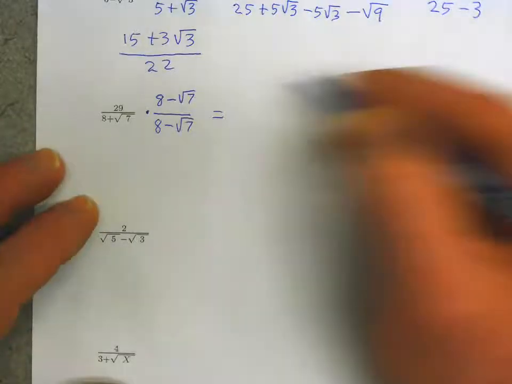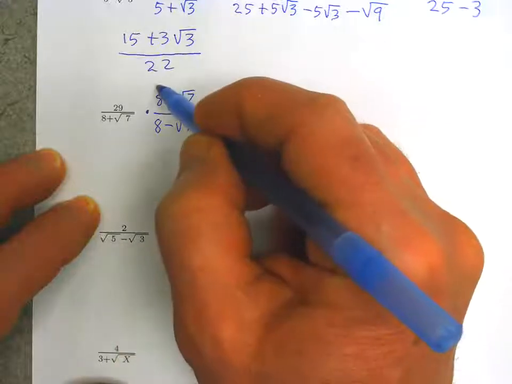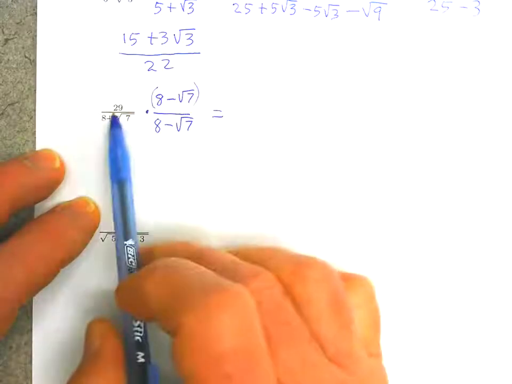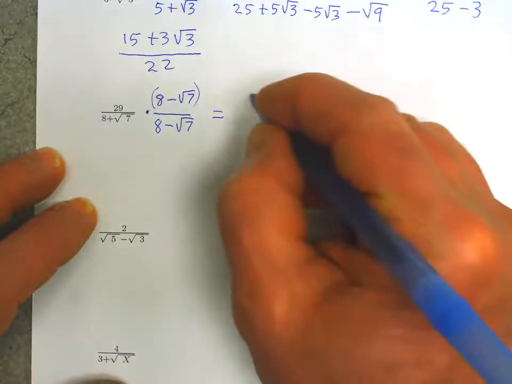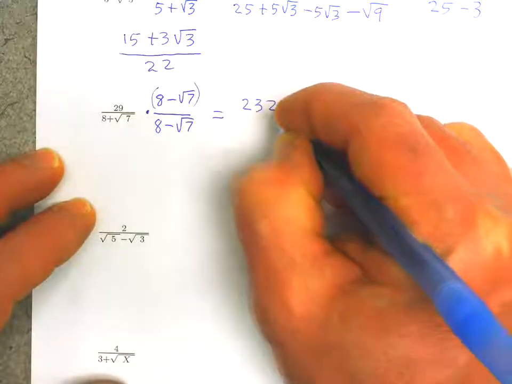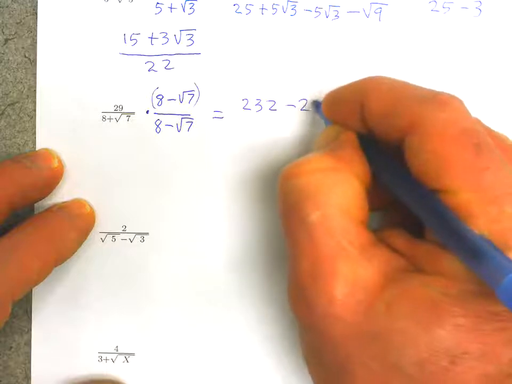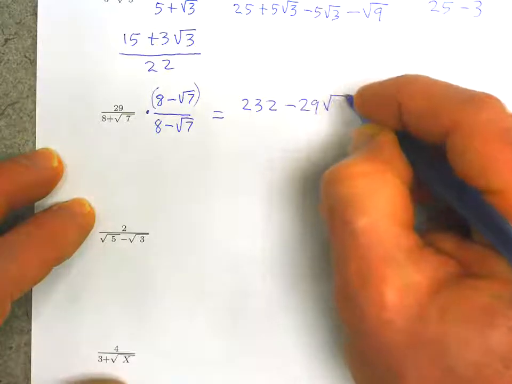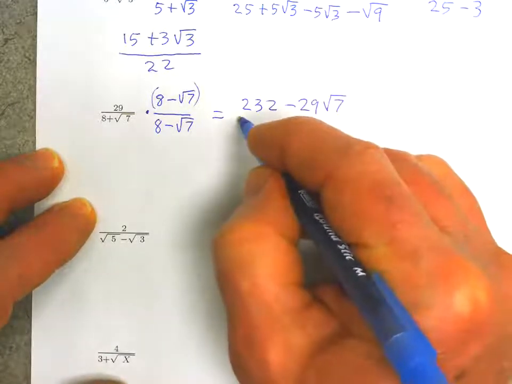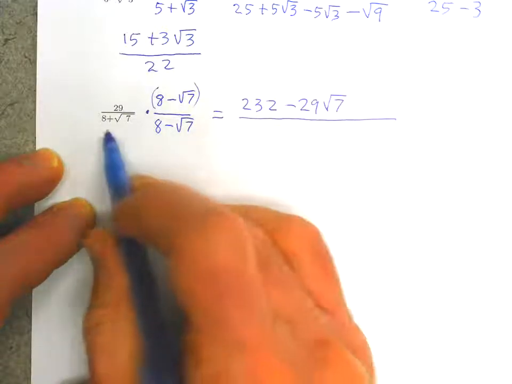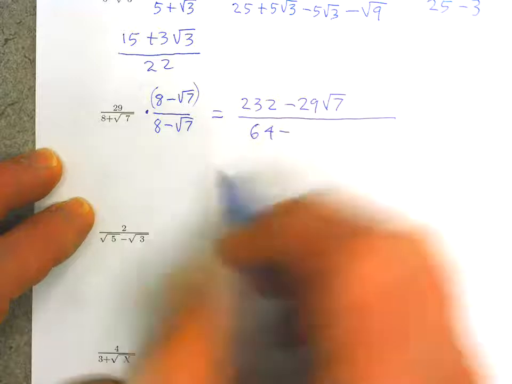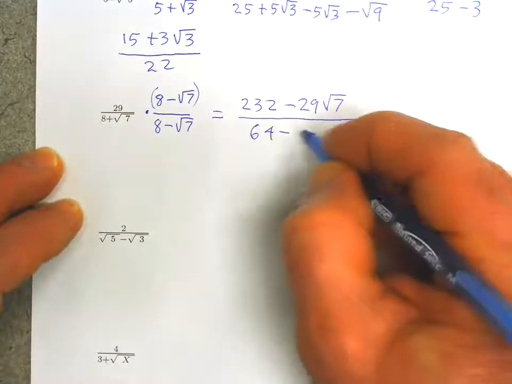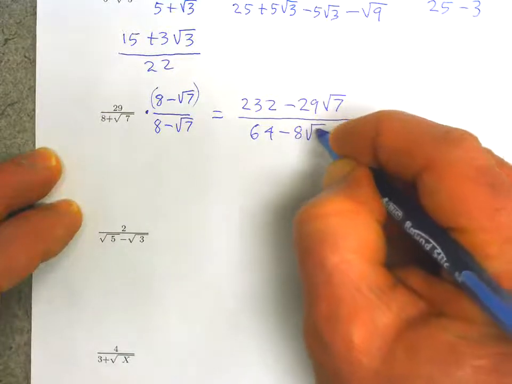Okay, then we'll multiply the two numerators. 29 times 8 is 232. And then minus 29 times the square root of 7. And in the denominator, 8 times 8 is 64. And then minus 8 times the square root of 7.